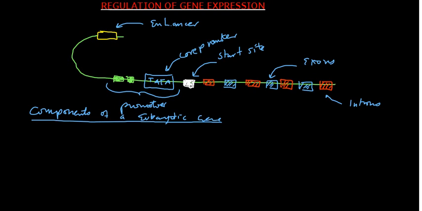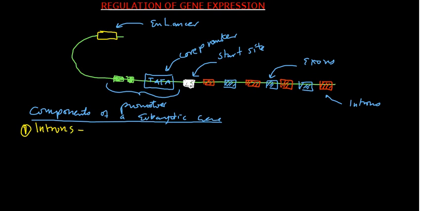So the first one that we want to talk about is an intron. Now, what is an intron? Introns are found on a eukaryotic gene. Introns are DNA sequences that do not code for anything useful.